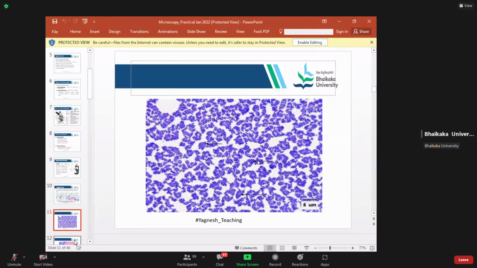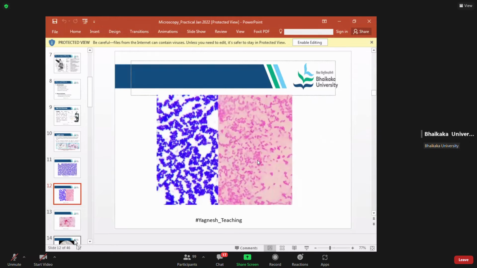I am not stating the arrangement because on the right side the arrangement is not fixed, it is not clear here. So that's why I'm not writing the arrangement. If you want to write a report from this, gram positive cocci in clusters are seen. This covers the morphology, all 3 points.